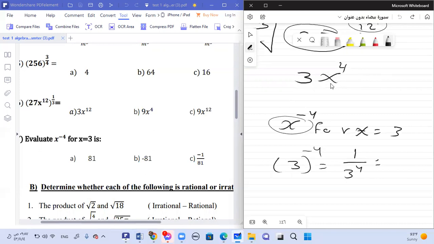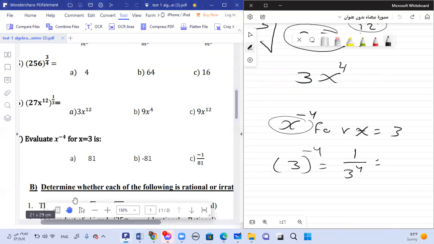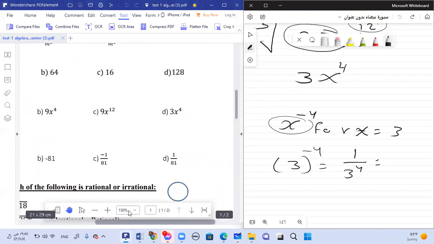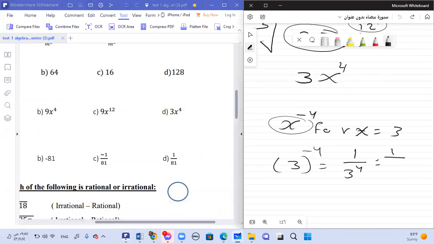So it will be 1 over 81. Yes, the same answer as with the calculator. Okay, so 1 over 81. It is a very important idea.